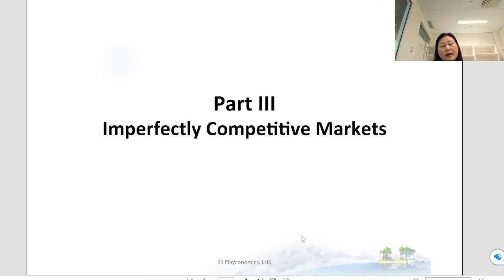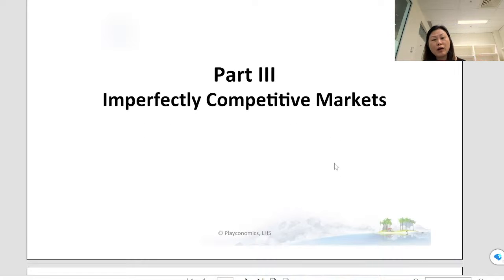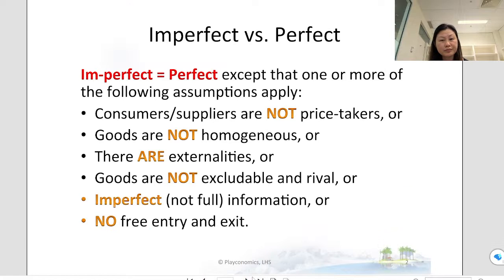Now, remember earlier we talked about imperfectly competitive markets. We said that if you breach any one of those rules, then you're not going to be perfect competition anymore.